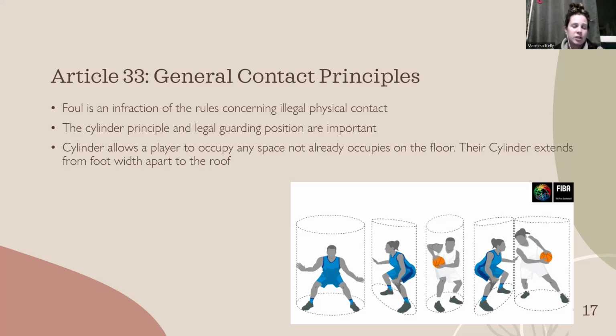Legal guarding position, 2 feet on the floor facing. These are the general ideas on which the protocols of calling criteria are based. Helpful to know all these things. Take a good look at those pictures, know them, understand them.